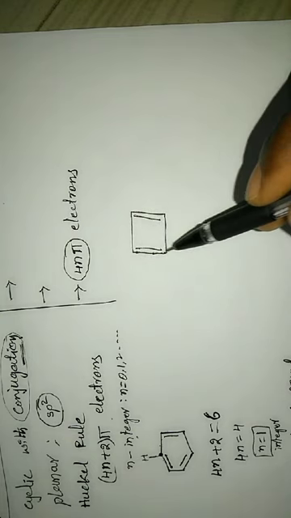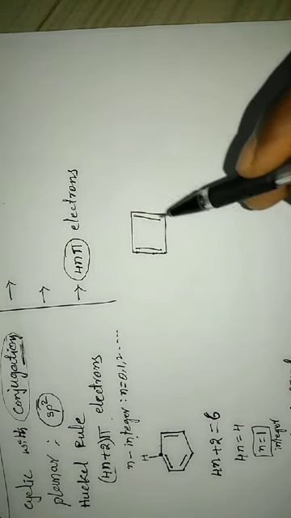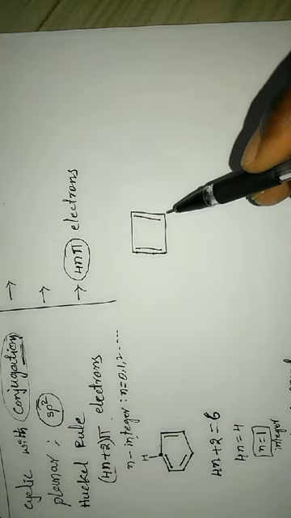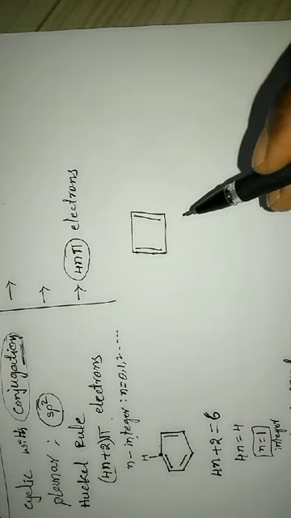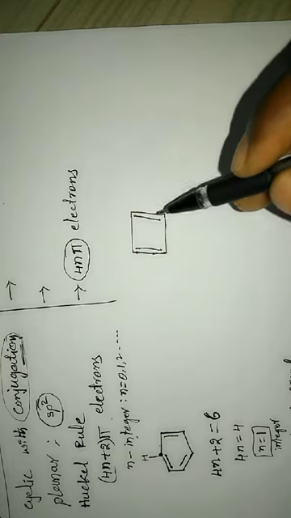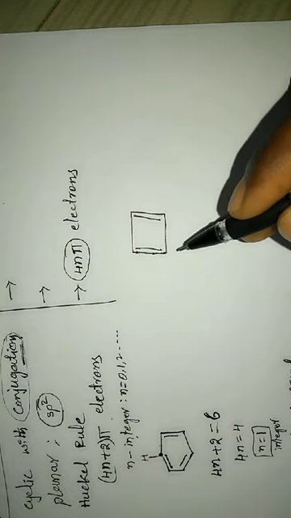It is a cyclic compound, so cyclobutane, but with 2 double bonds we use the suffix -ene with di, so it is cyclobutadiene. That is the name.